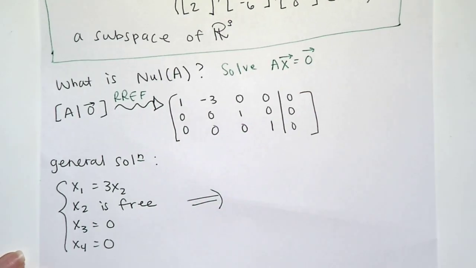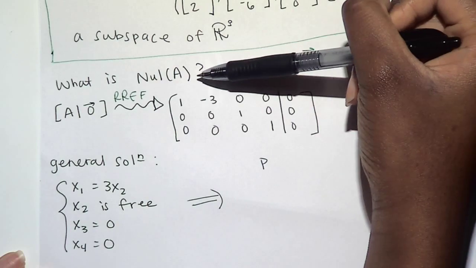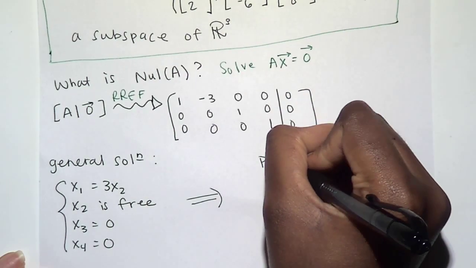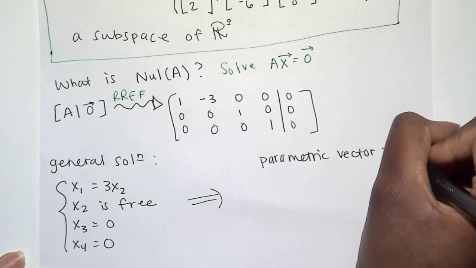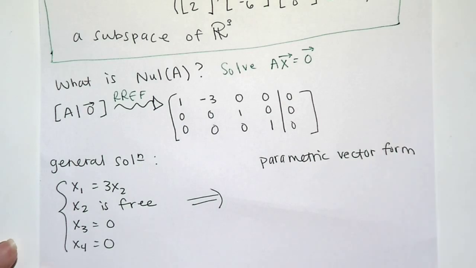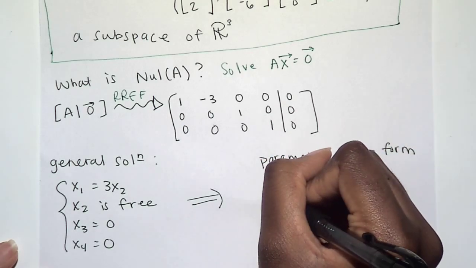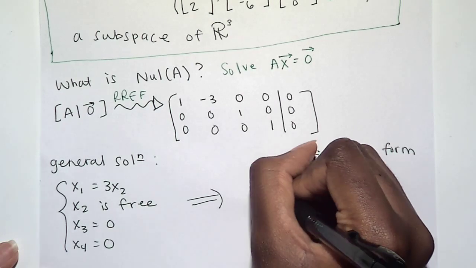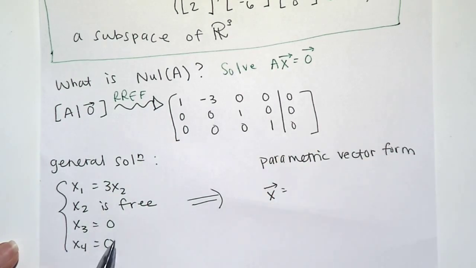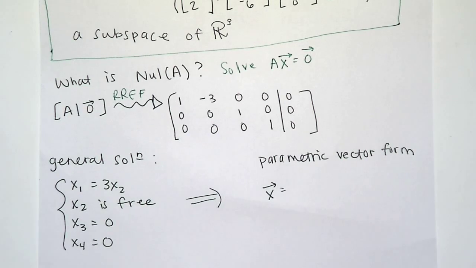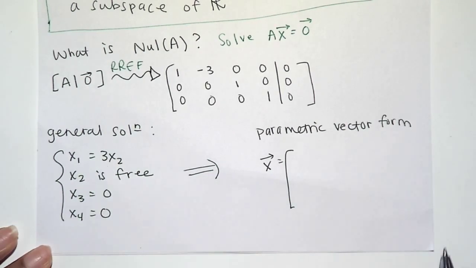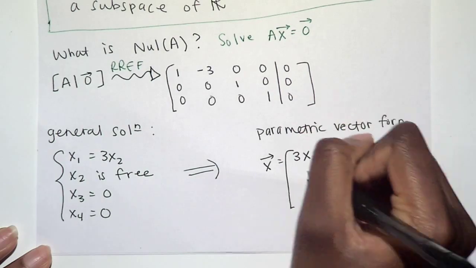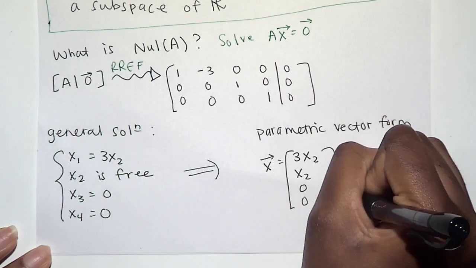Okay. All right, so now we're going to write this in parametric vector form because that is going to help us with our null space. First step, you can skip this step, but write what we have just as a vector: 3x2, x2, 0, 0.